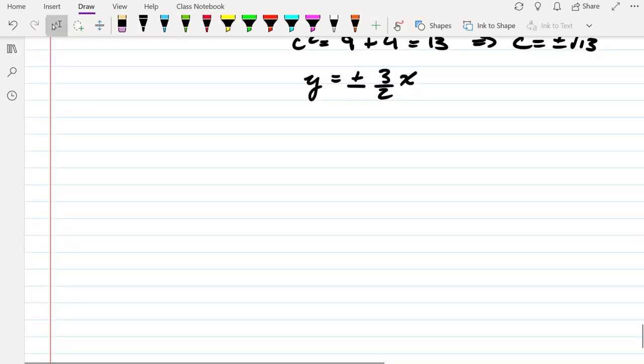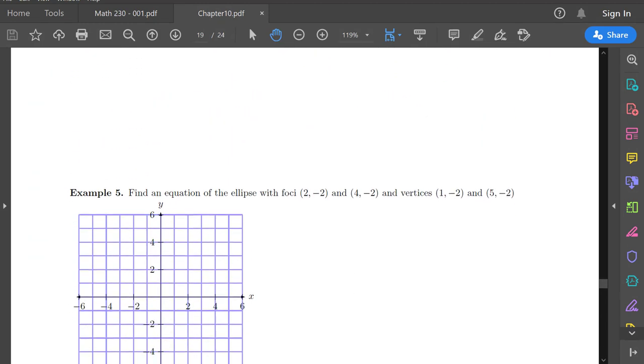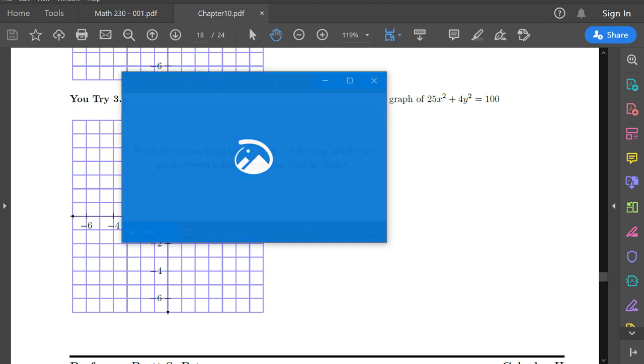Alright, so now we want to sketch this thing, so let's grab a graph.